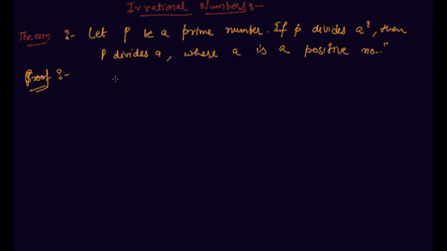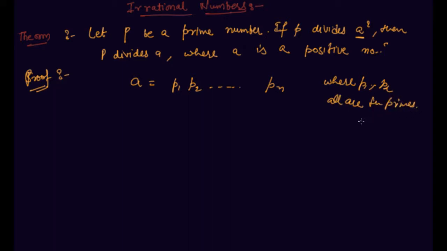It states that, let the prime factorization of a number A be P1, P2 up to Pn, where P1, P2 are all prime factors, all are prime. Okay.